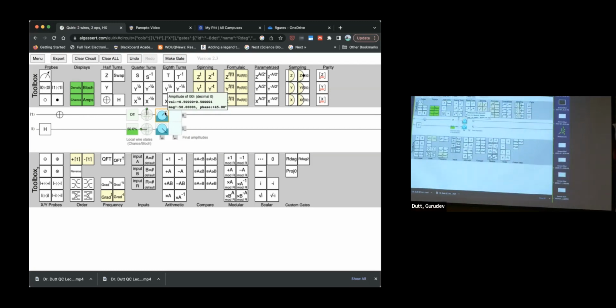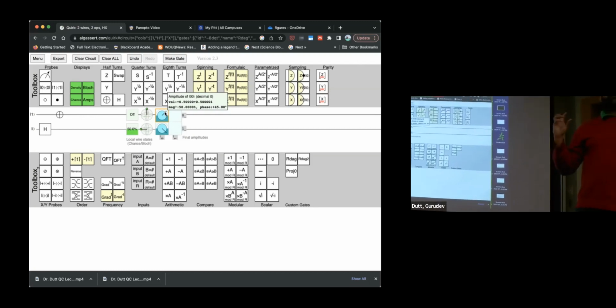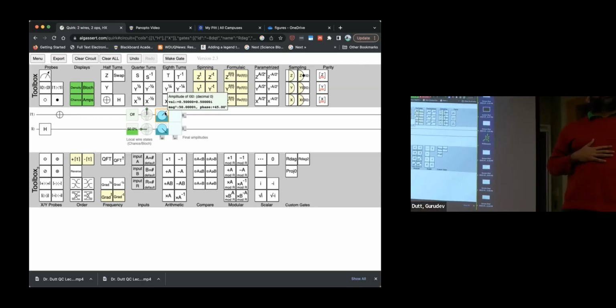Does that make sense, what that notation is in that box over there? If not, we can go over it again. And you can verify that this is true once again by going back.